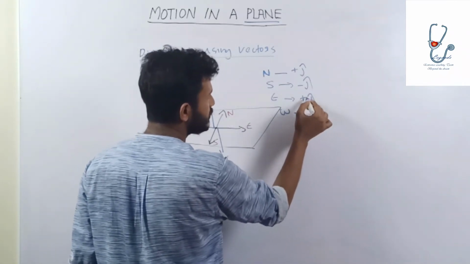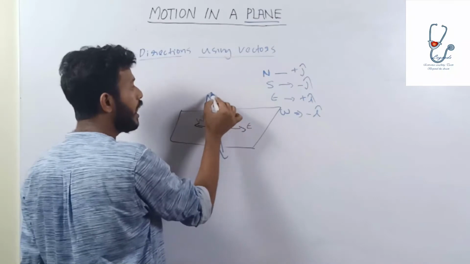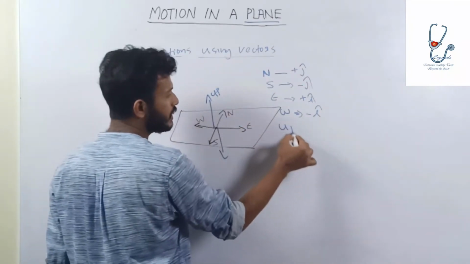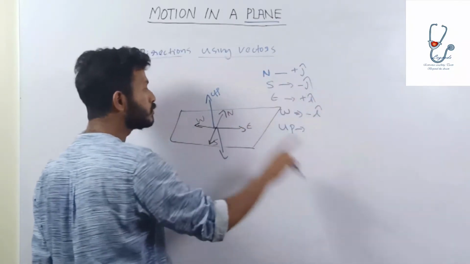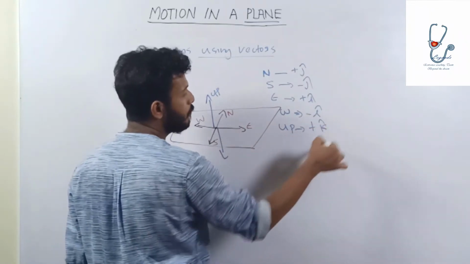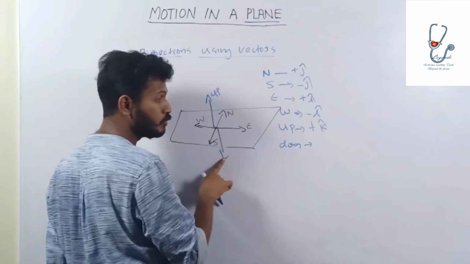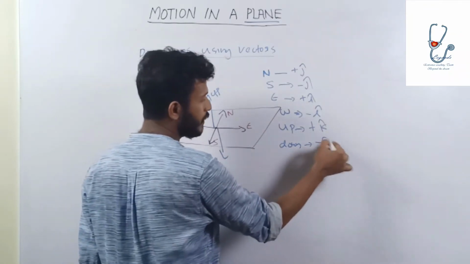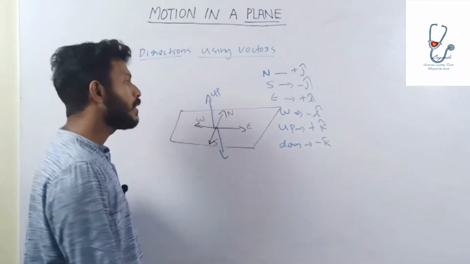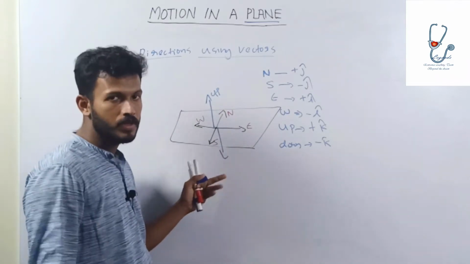Okay, this is plus i cap and this is minus i cap. Upward direction can be represented by plus k cap, and downward direction by minus k cap. What is the purpose of this representation?